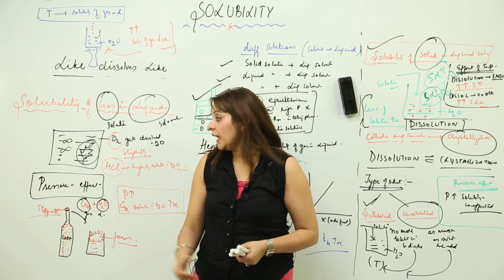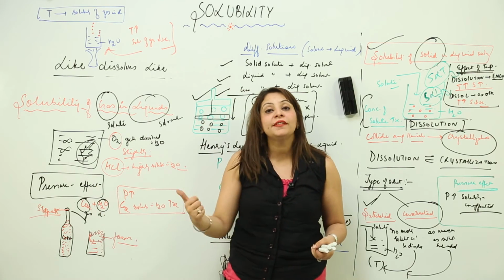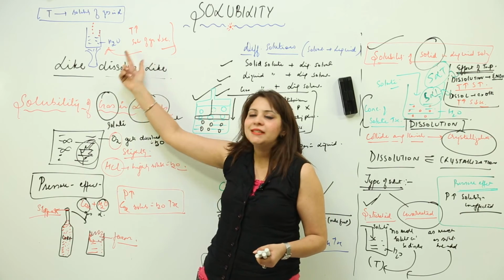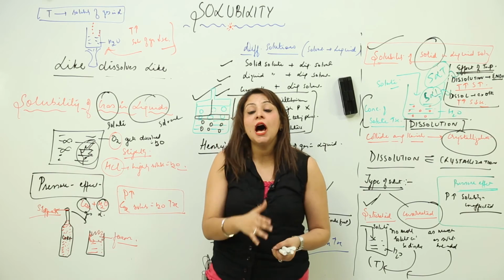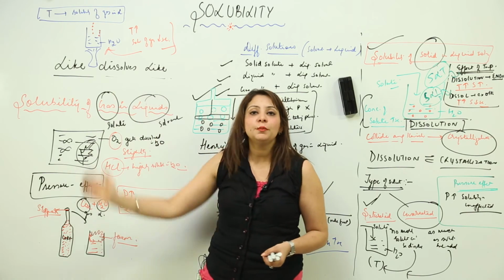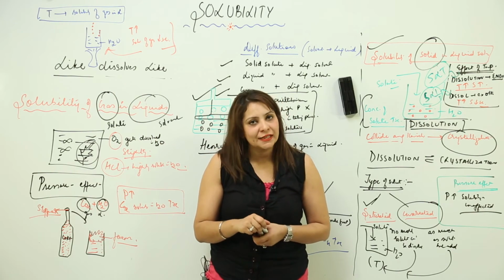So we can say that on increasing the pressure, the solubility of gas will increase, but on increasing the temperature, definitely the solubility of gas is going to decrease. This is how pressure and temperature play an important role in the solubility of gas in liquid.